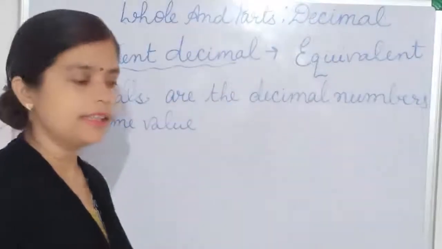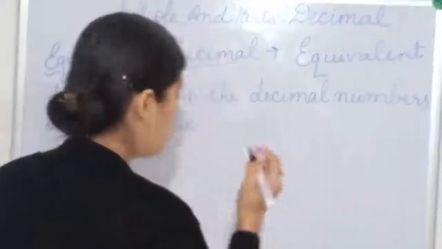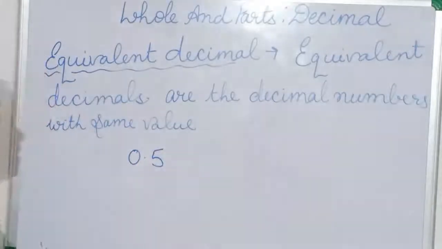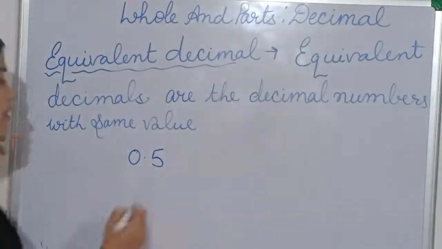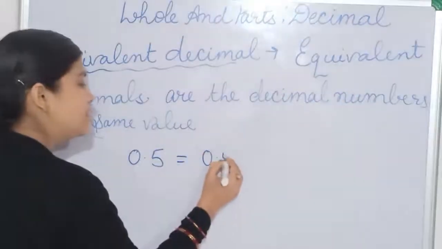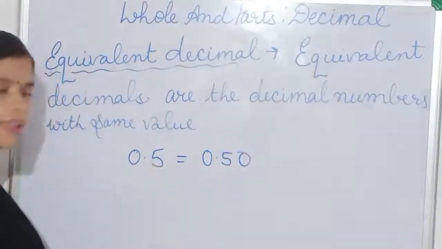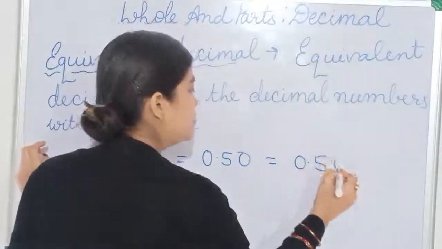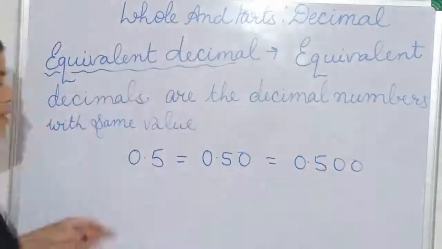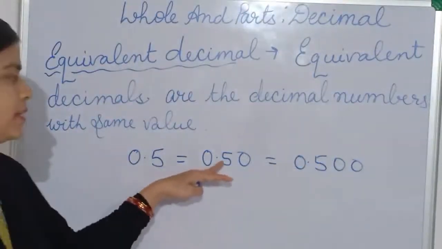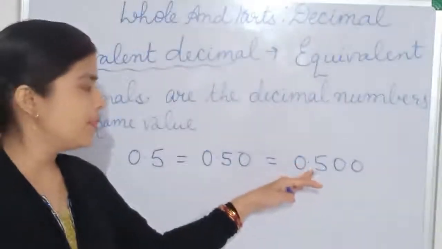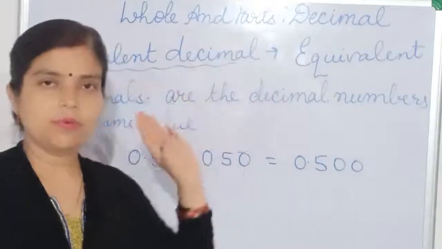For example, 0.5, I have to write the equivalent decimals of this 0.5. If I put 0 on the right hand side, it will be the same. If again I put one more 0 on the right hand side, it will be the same only. So 0.5 is equal to 0.50 is equal to 0.500 and so on.